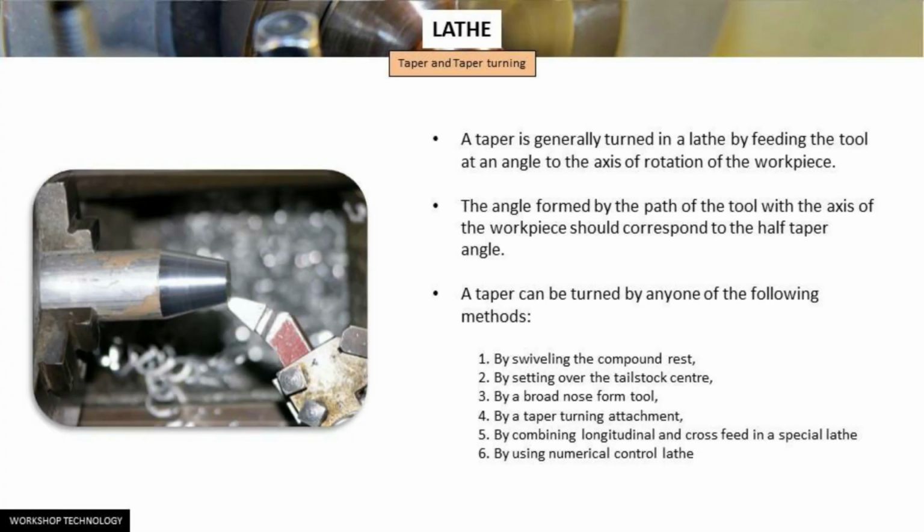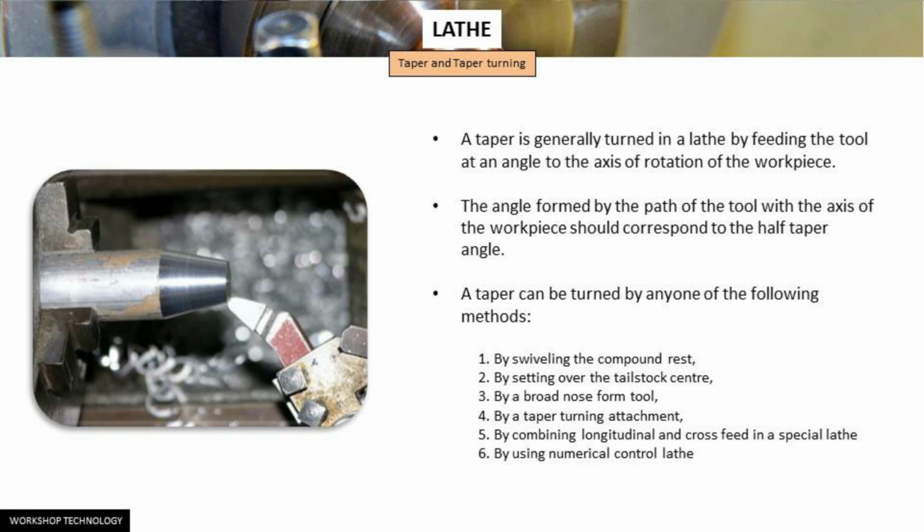A taper can be done by any one of the six methods applicable in lathe operation. First is by swiveling the compound rest. Second is by setting over the tailstock center. Third, by a broad nose form tool. Fourth, by a taper turning attachment.